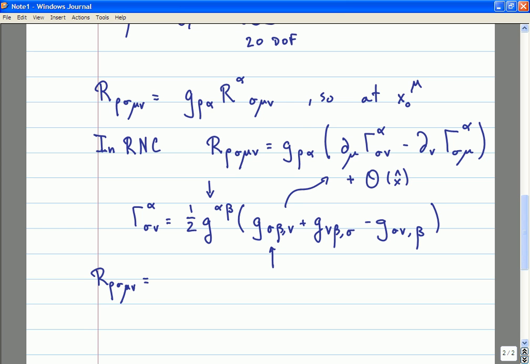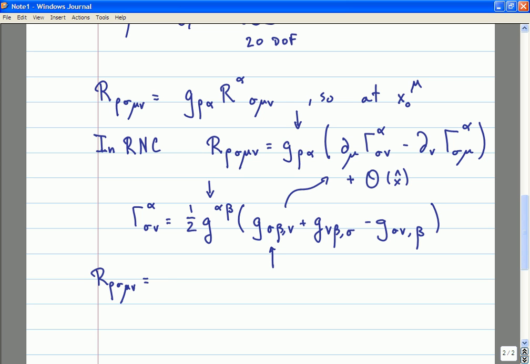So this g here is going to be given by eta rho alpha, plus terms of higher order in x hat. And so if I'm only working at order x to the 0, I can just lower and raise all of my indices using eta mu nu, the flat Minkowski metric, which is what I'll do when I write out my expression here. So what do I have?